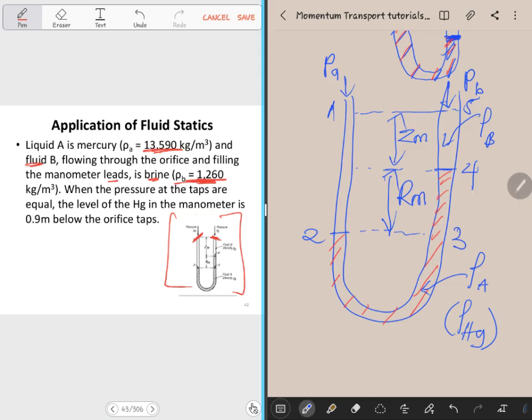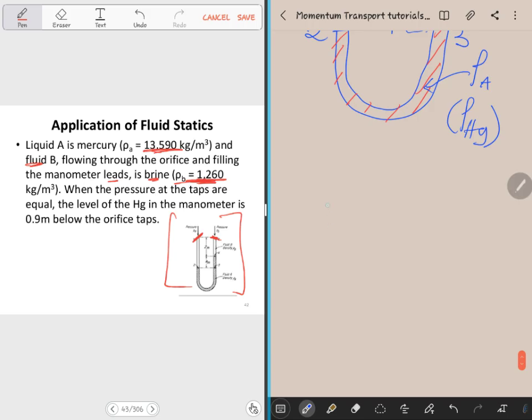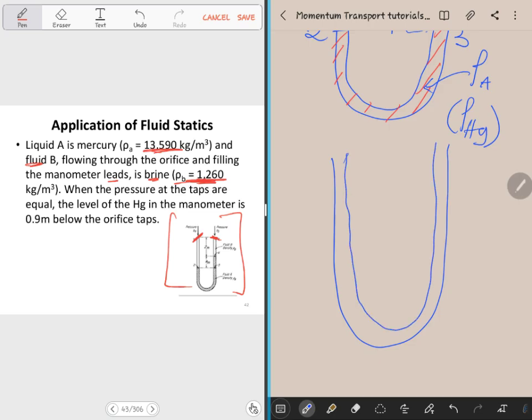When the pressure at the taps are equal, okay. So generally, this is what happens when you're having the manometer without connecting it to any other system. It will be something like this, right? Since we only have the manometer liquid in it, not any other liquid there, both levels in the legs of the manometer will be at the same height relative to the base, or relative to the surface.